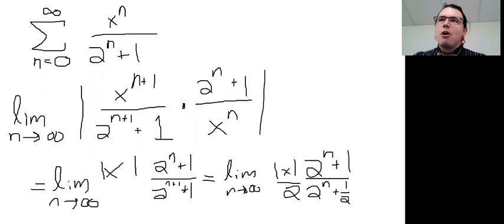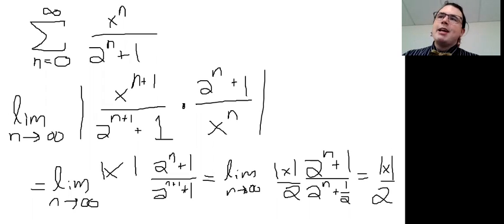You could also use L'Hopital's rule here, replace that numerator and replace the denominator both by their derivatives, which will be log of 2 times 2 to the n. Either way, this limit produces the absolute value of x divided by 2. Right.